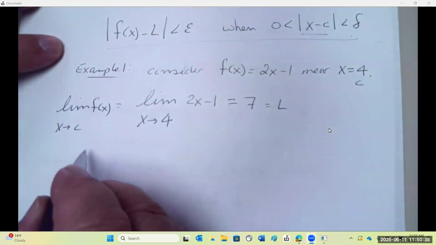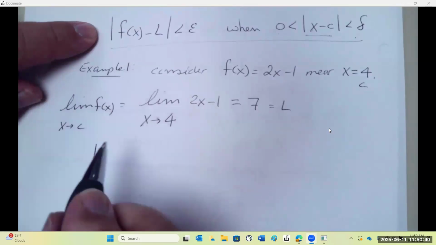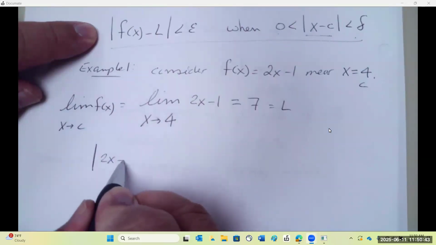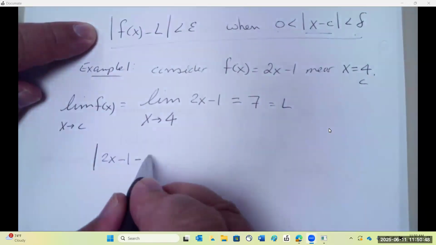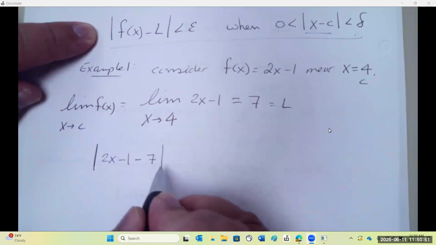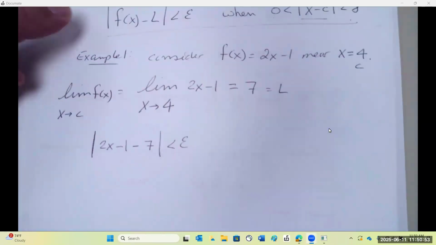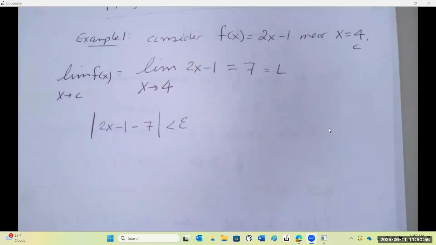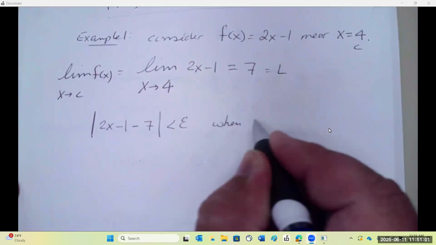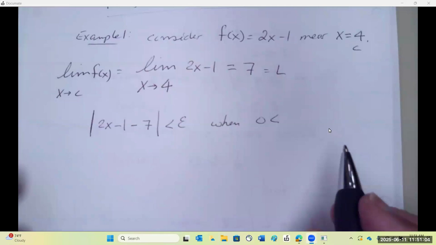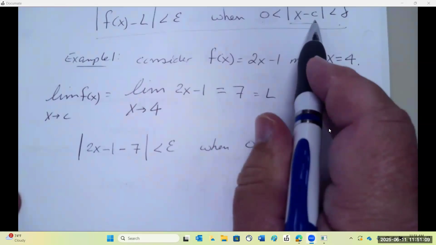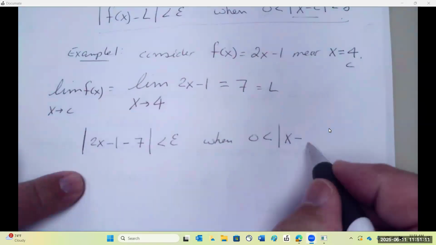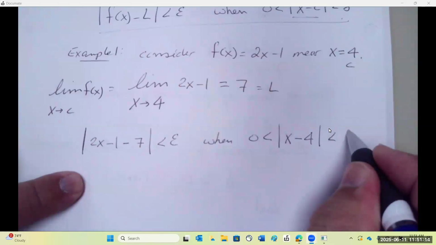So let's look at the left side. f of x is 2x minus 1, minus L. L is 7. When x minus, what is our value c? Is 4, x minus 4 is less than delta.